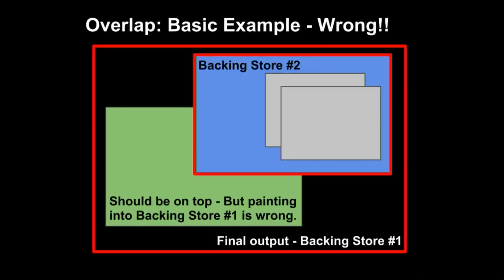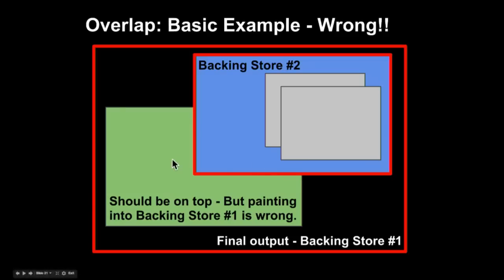But suppose we thought we would benefit, for some reason, from making this blue layer a separately composited layer. So what we would have is backing store 1 would draw underneath backing store 2. Or actually, it might be more appropriate to say backing store 2, depending on how we talk about things, would actually paint or redraw itself into backing store 1.